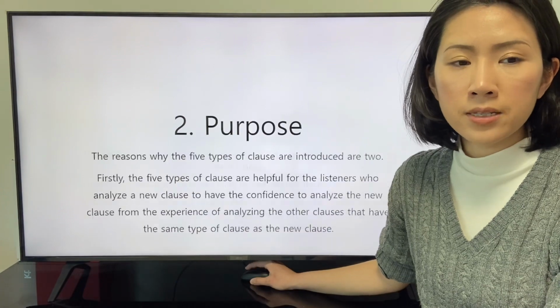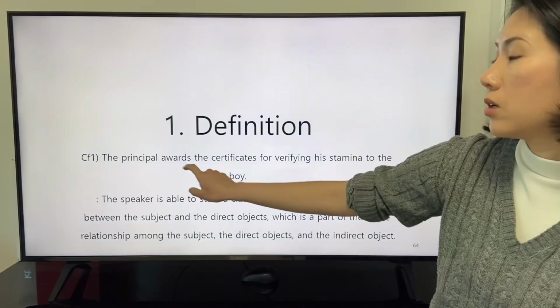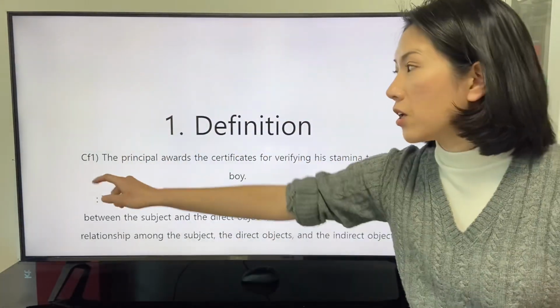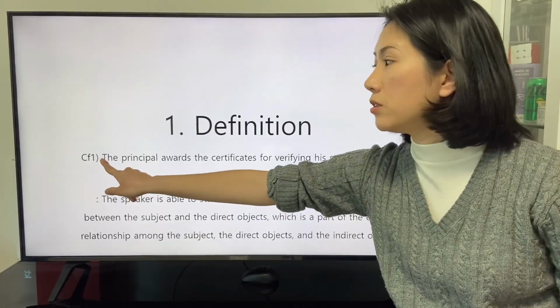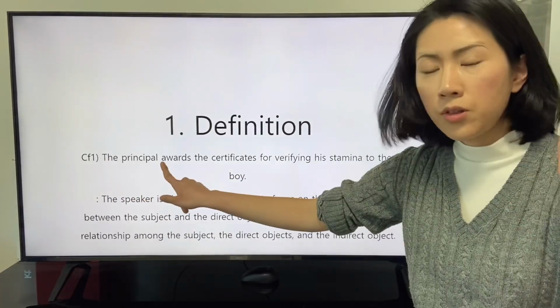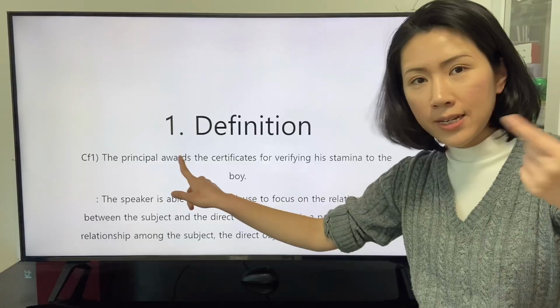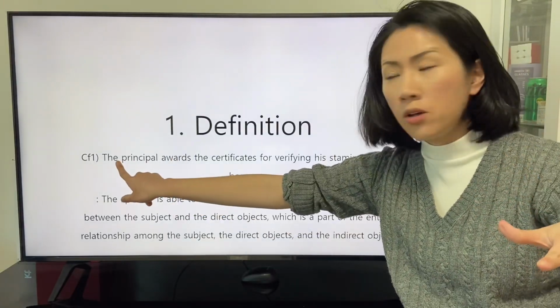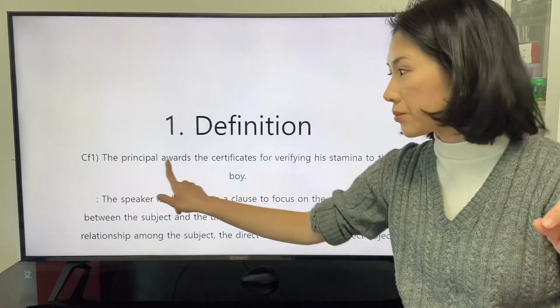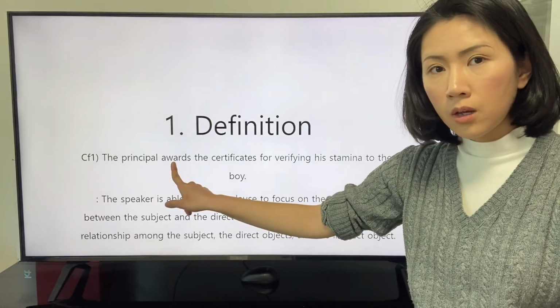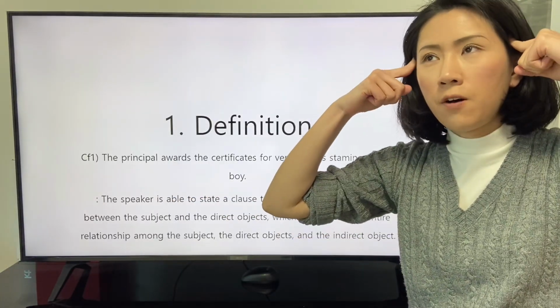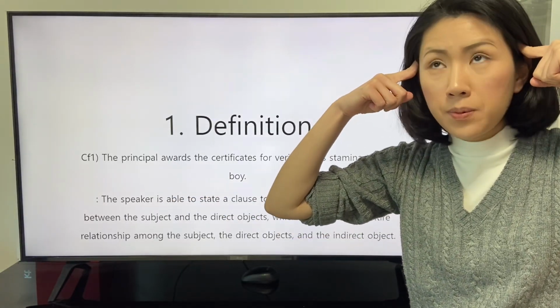For example, let's analyze this clause. The subject of this clause is the phrase of the noun, the principal. The transitive verb, a word, describes the subject, the principal. And we can think of the type of the verb.